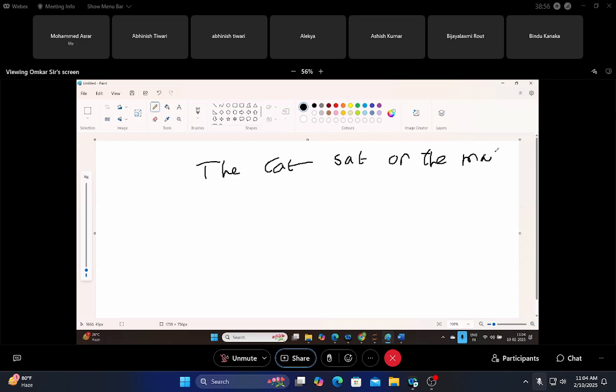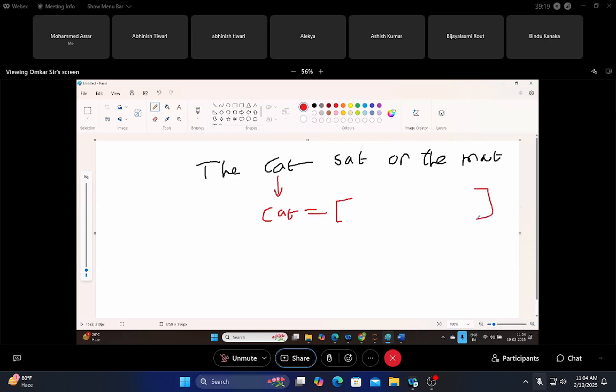Suppose this is a full sentence. Now here they want to create the word embedding of cat, a vector for cat, a word vector.